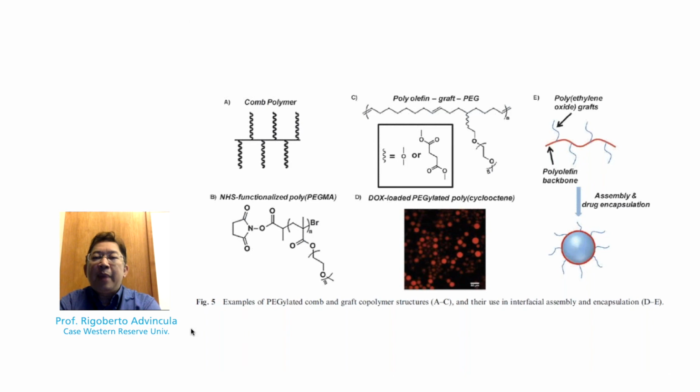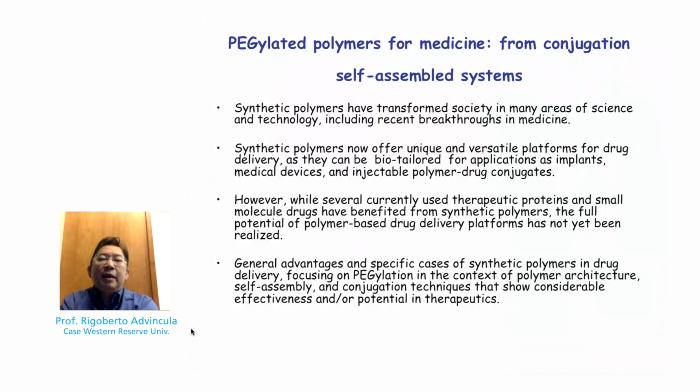In other words, the PEG does not cause immune response or is able to go faster through your plasma or even, at the right size, through the blood-brain barrier. So PEG polymers are very common in medicine, also for different types of tailoring of application, including improving self-assembly. So expect that PEG will be here to stay.